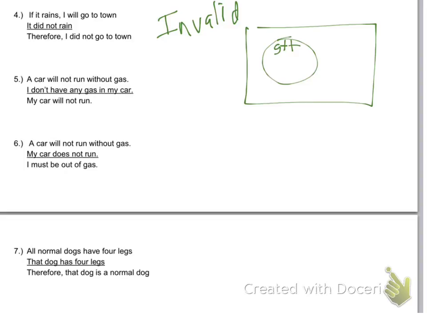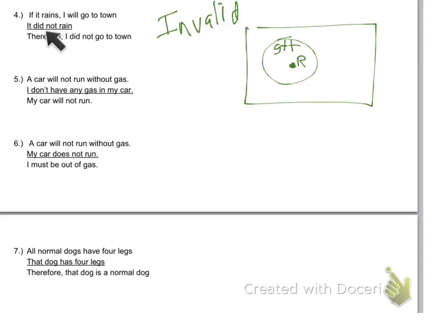In the world, there are going to be things that are going to town in it. And it happens to be that if it is raining, so now R, if it rains, anytime it rains, you are going to be within the circle of going to town. Does that make sense? So, if I'm here, I have to be in the going to town circle, therefore it's good. It says it did not rain.